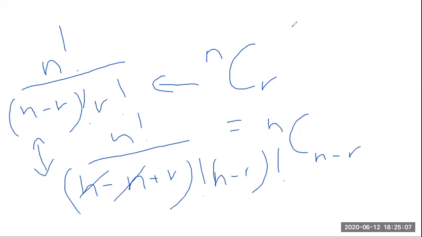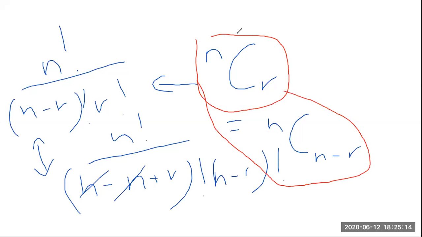So this is one of the properties of combinations, which is why binomial sequences are symmetric.